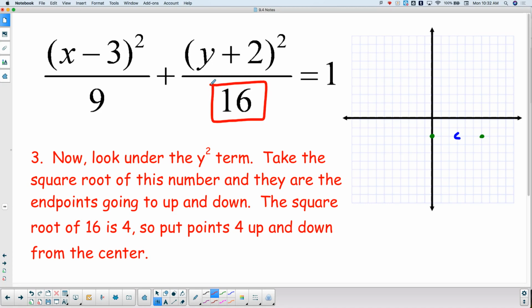Again, I repeat that process. I take the square root of 16. What's the square root of 16? 4. Okay. But this time, because now it's underneath y, instead of going left and right, I'm going to go up and down. Okay, so I'm going to go up 4, 1, 2, 3, and 4. Down 4, 1, 2, 3, and 4.